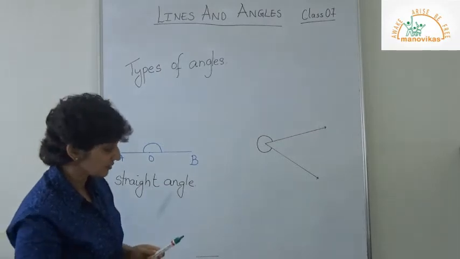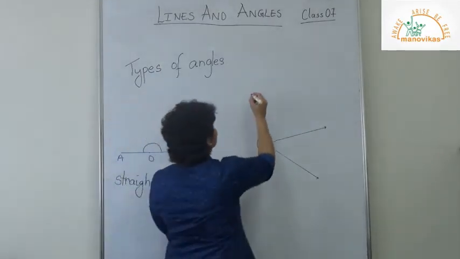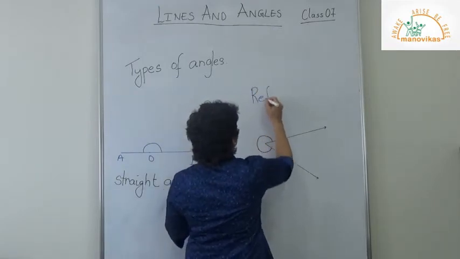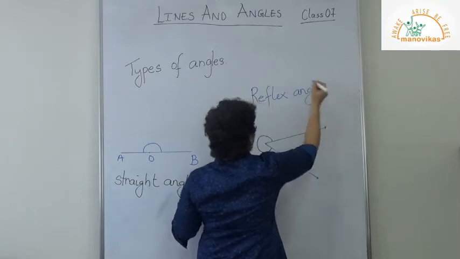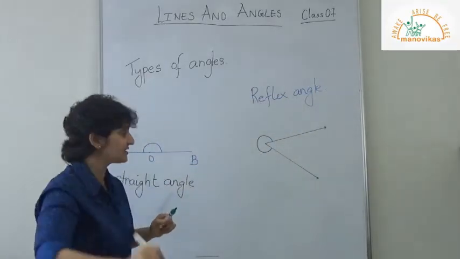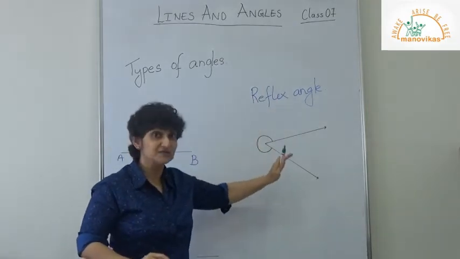Now, have you seen this before, children? Yes, you have, isn't it? This is called a reflex angle. What do I understand by a reflex angle? See, the angle is not inside, but it is outside.